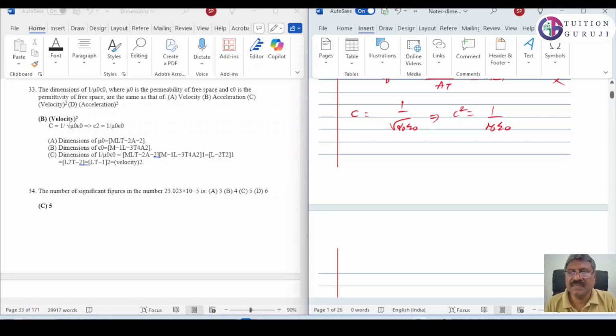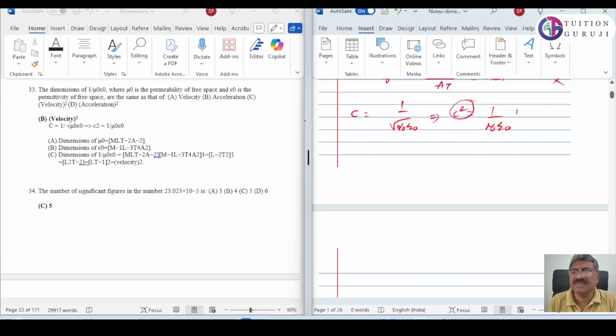The options are velocity, acceleration, velocity square, acceleration square. What we got is velocity square. So this is the answer.